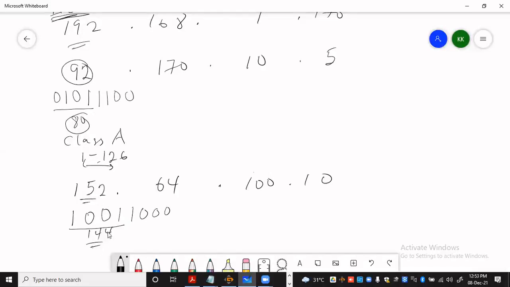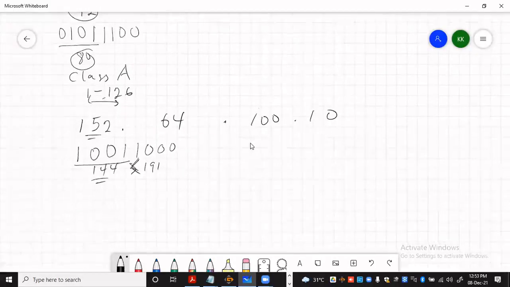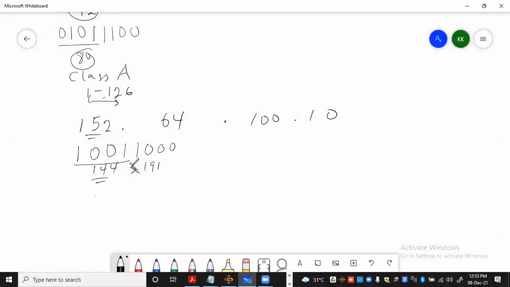And 144 in terms of the 4 bits is less than 192, but at the same time, 144 is actually greater than 128, but less than 191.